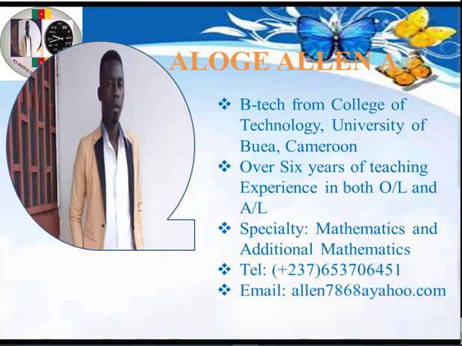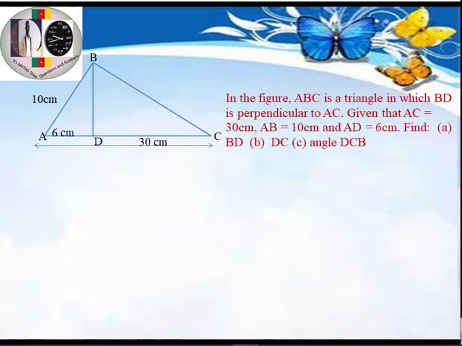Here is the 14th question from Cameroon GCE Board 2021, Paper 2, Section A, Question 14. This question says that in the figure ABC is a triangle.